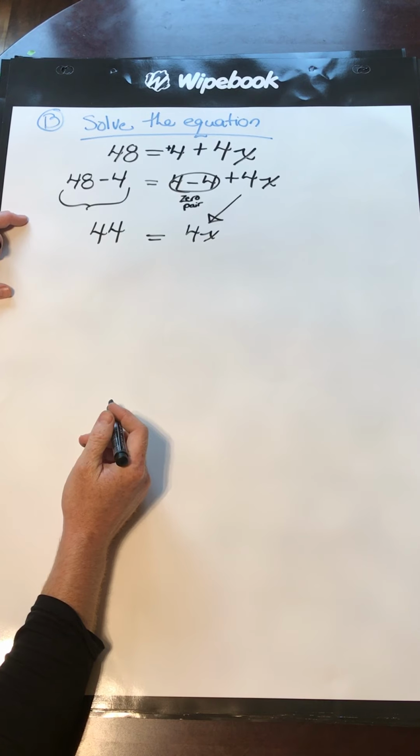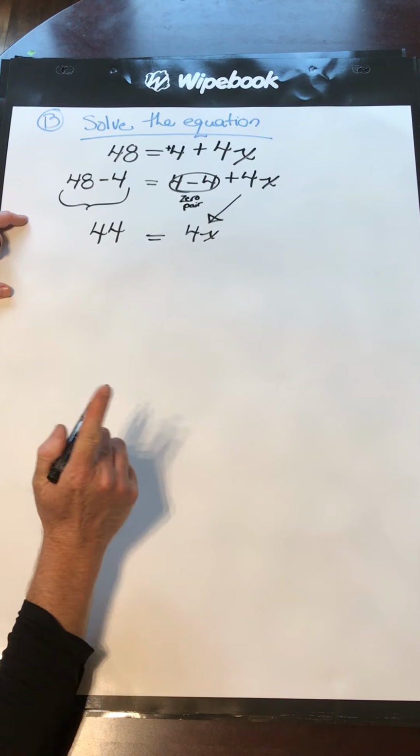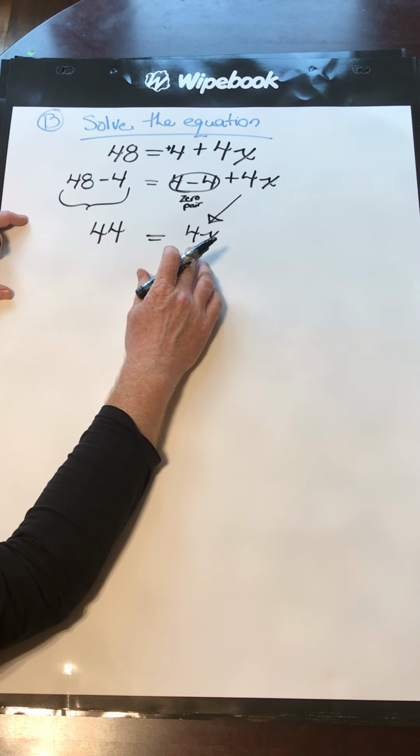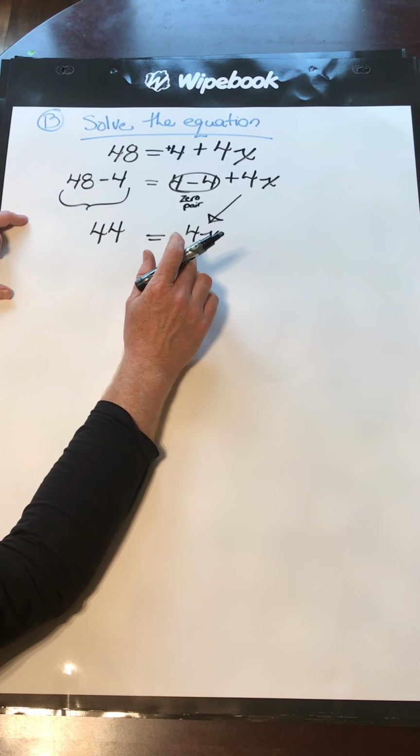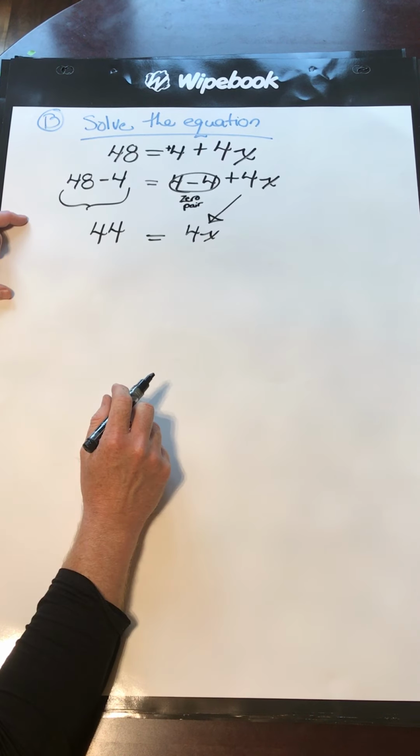So how do I go about solving for 1x? Well, remember what this means. It means x multiplied by 4. So to get 1x, we use the inverse or opposite operation. And the inverse of x multiplied by 4, or 4x, is x divided by 4. Okay, or x over 4.